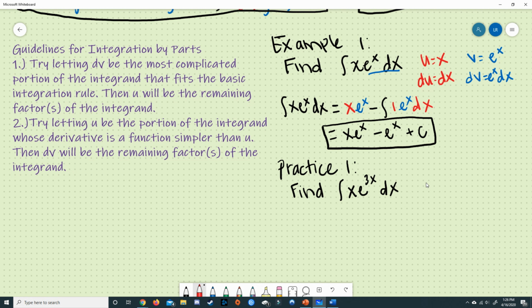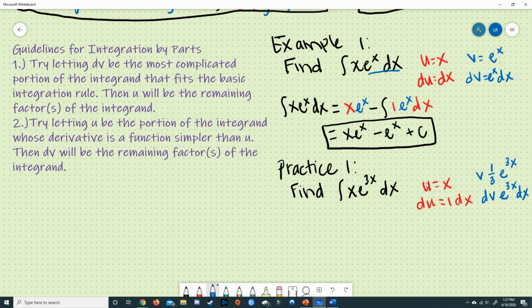In the case of this problem, I would assign u to be x, and that would make du 1 dx. I would assign dv to be e to the 3x, which would make my v 1/3 e to the 3x.